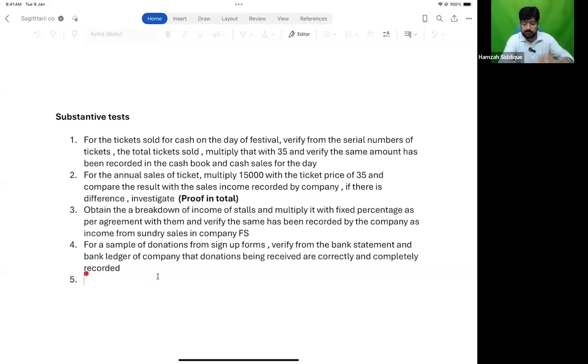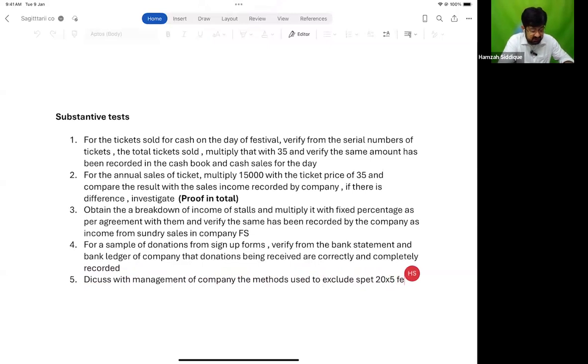So management will tell how they are making sure. Discuss with management of the company the methods used by them to exclude the September 20X5 festival, meaning next year's festival, from income.